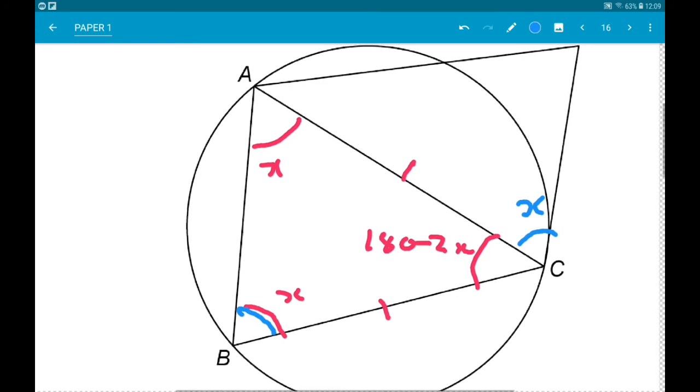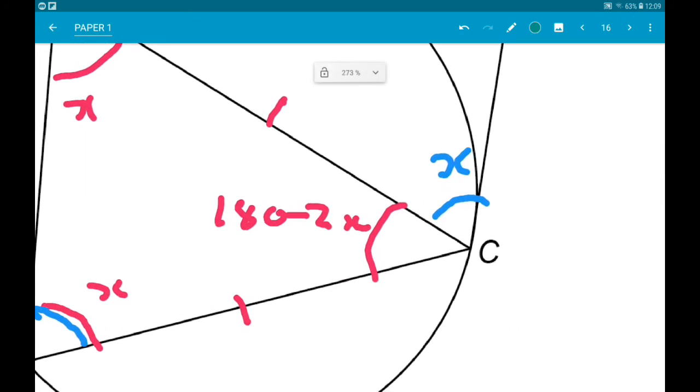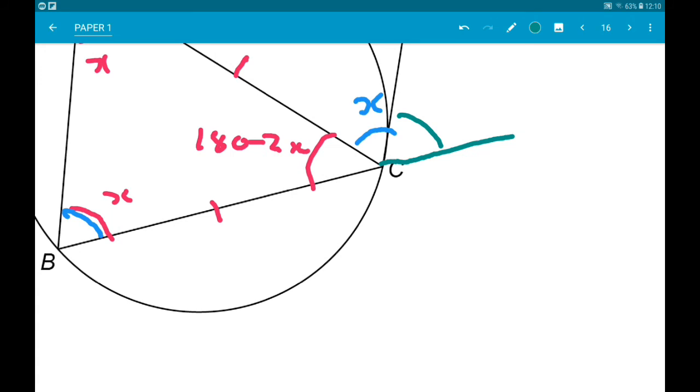Now, from here, there are a few choices we can make as to where to go. So the way that I first spotted was if we extend this line, then these three angles lie on a straight line. So angles on a straight line sum to 180. So we then know 180 minus 2x add x add y is 180.